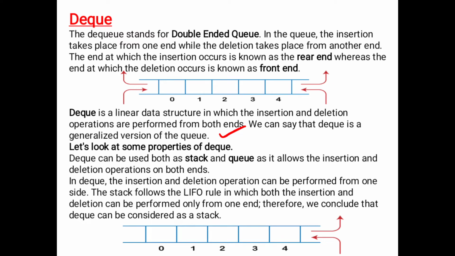The stack follows the LIFO rule, that means last in first out, in which both insertion and deletion can be performed only from one end. Therefore we conclude that a deque can be considered as a stack, since insertion and deletion are done at one end.